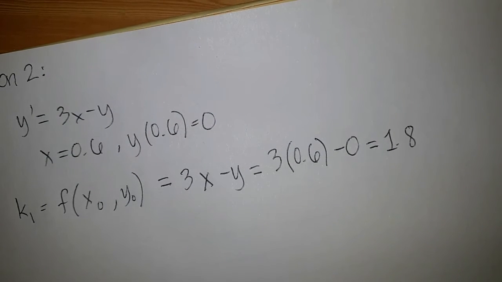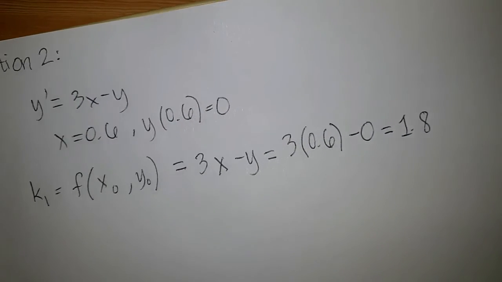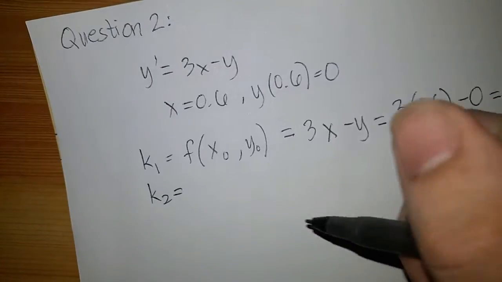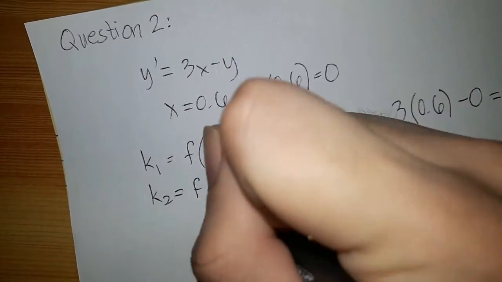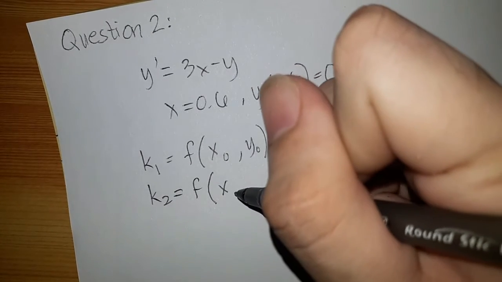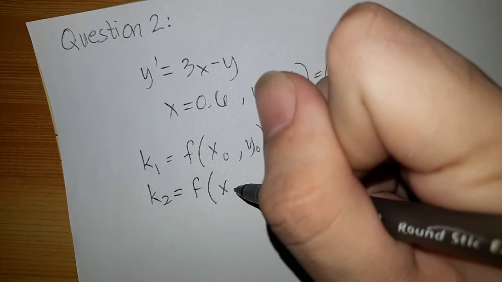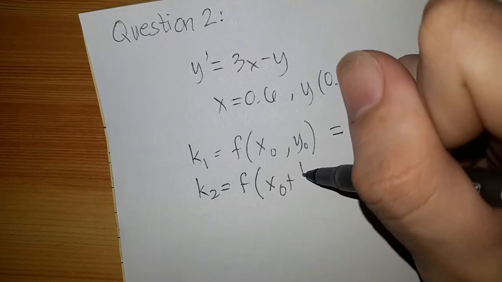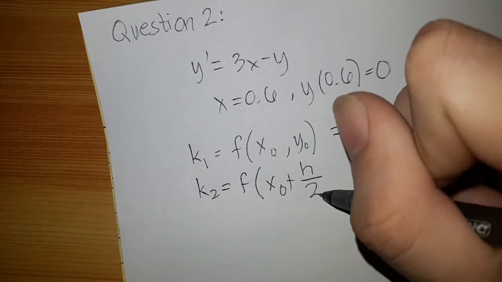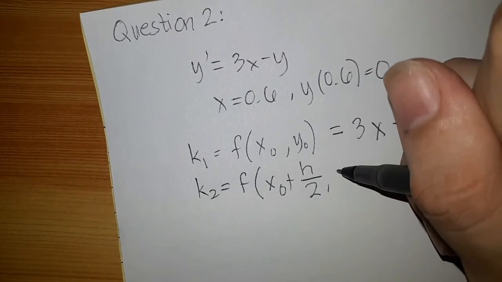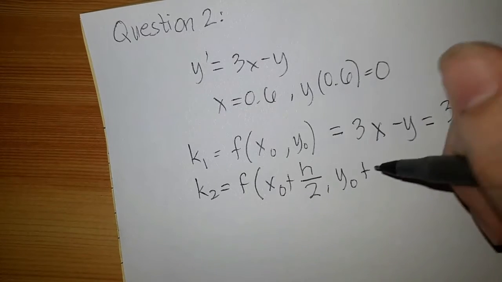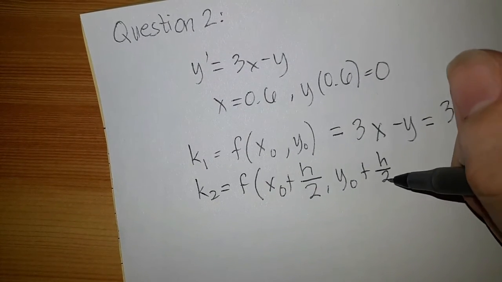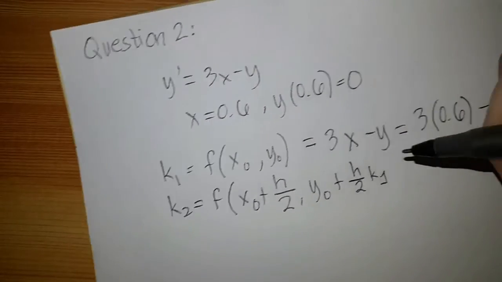After solving k1, let's now proceed to k2. k2 is equal to the function of x sub 0 plus the step size over 2, and y sub 0 plus the step size h over 2 times the value of k1.